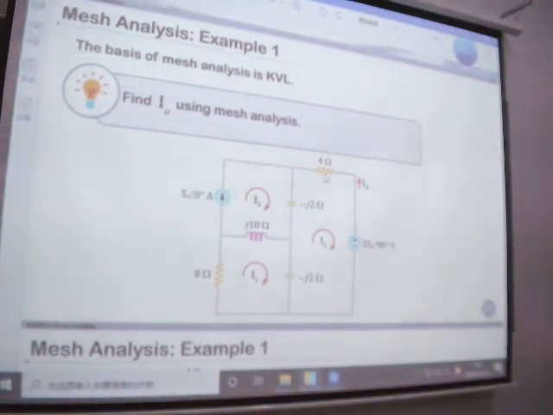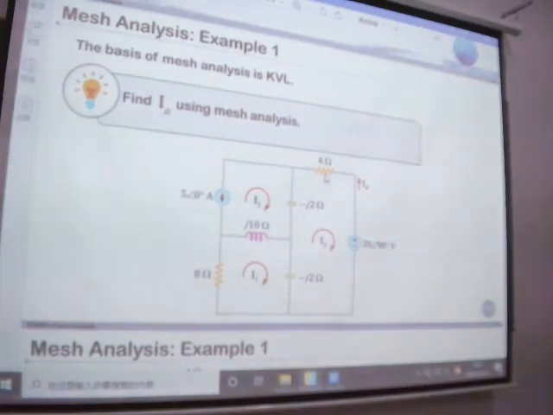Where is the third equation? The third equation is I3 equal to 5 angle 0. It's really easy. But now this equation seems strange, right? It seems strange, but we still can solve it. How to solve this? We need to transfer this matrix form back to the algebra form.